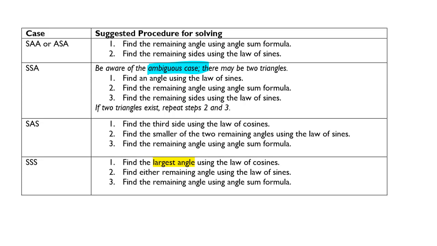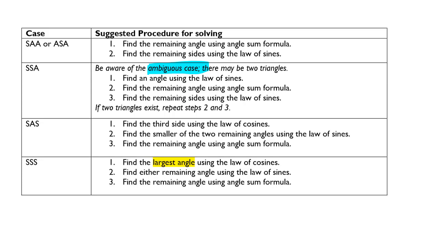For a side-side-angle, be aware of the ambiguous case where there may be two triangles, and in this process, step 1 would be find an angle using the law of sines. 2, find the remaining angle using angle sum formula, and 3, find the remaining sides using the law of sines. If 2 angles exist, repeat steps 2 and 3.